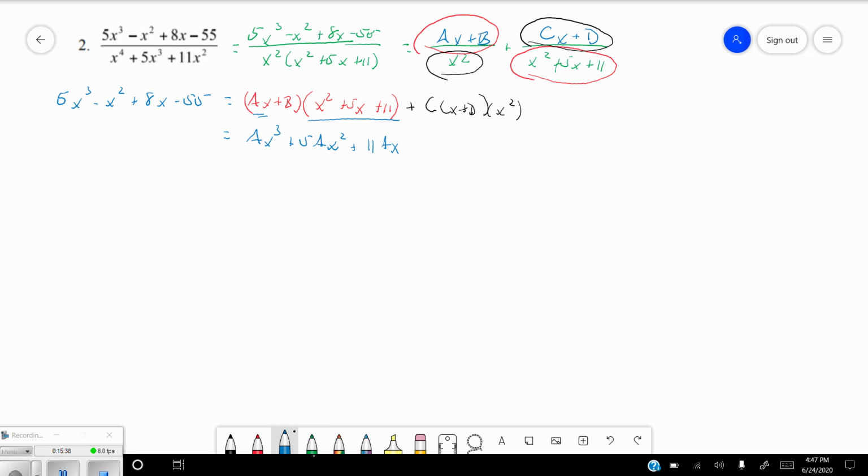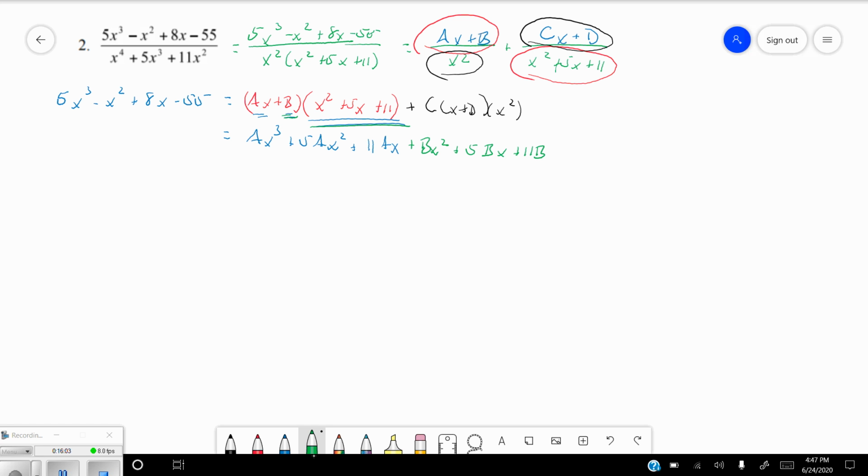Now I've got to multiply the b into every piece in this parentheses. There we go. So now I'm going to multiply that out. So I'm going to get a bx squared, a 5bx, and an 11b.